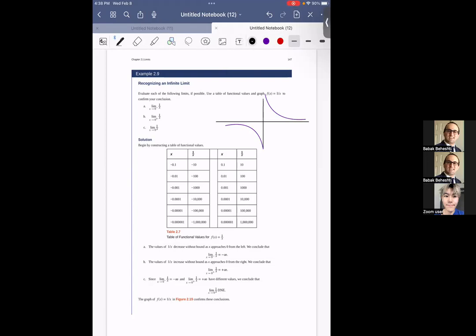So when you approach x equal to 0 from the right-hand side, 1 over x goes to plus infinity. And when you approach x equals 0 from the left side, you see 1 over x goes to minus infinity.